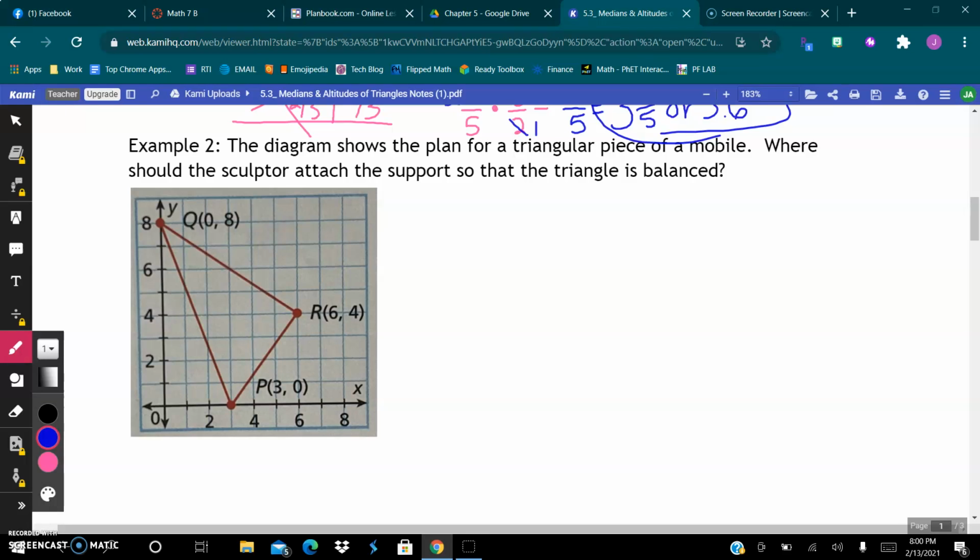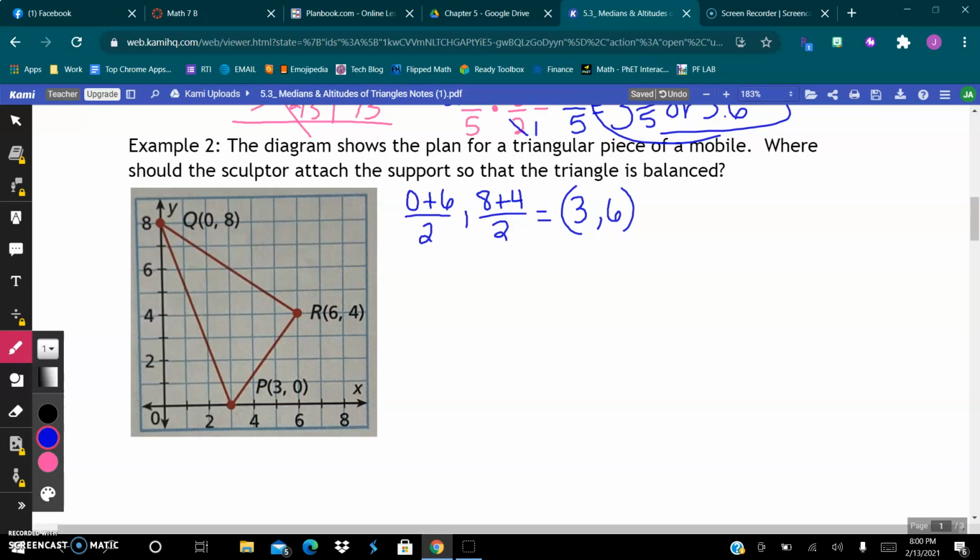I'm going to find the midpoint of segment QR first. To find the midpoint, we take the x coordinates, which here are 0 and 6, add them together and divide by 2. For the y coordinate, we take the y's, 8 and 4, add them together and divide by 2. 6 over 2 is 3, and 8 plus 4 is 12, and 12 over 2 is 6.